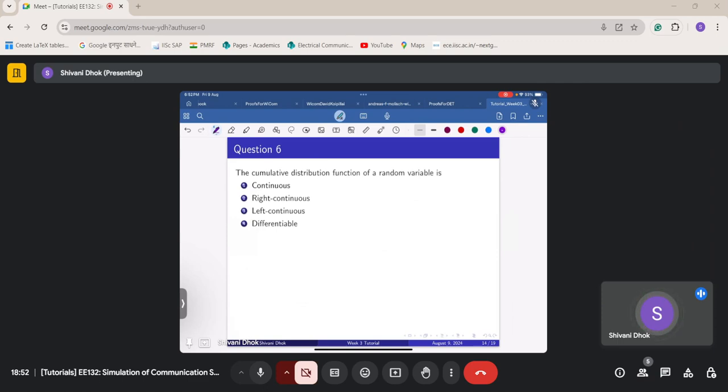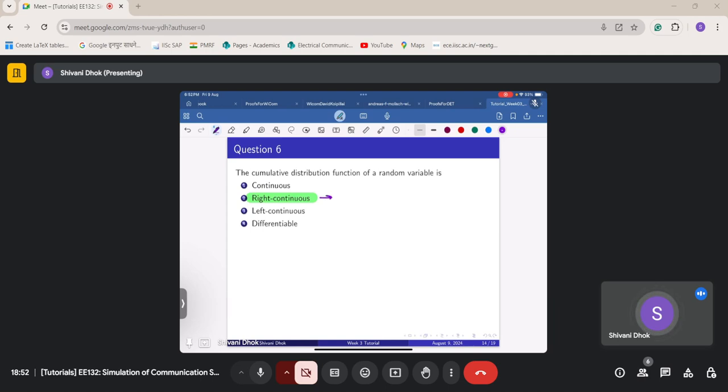So the next question says the cumulative distribution function of a random variable is, first option, continuous, second option, right continuous, third option, left continuous, and last option, differentiable. So by definition, or by the properties of cumulative distribution function, it is right continuous.